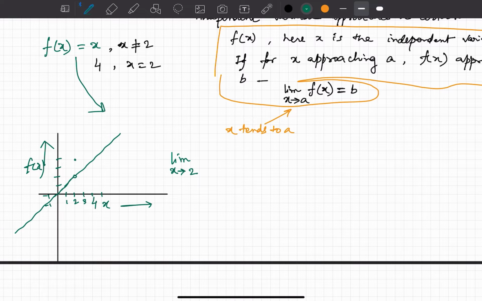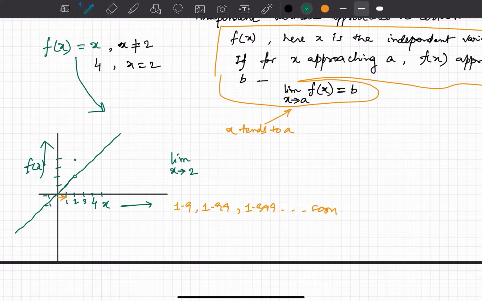So like, if x is approaching from this side, then the value will be 1.9, 1.99, 1.999, and so on and so on.